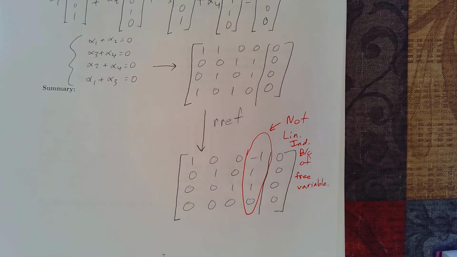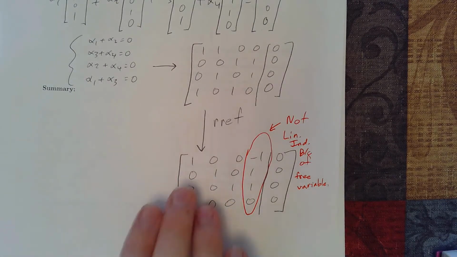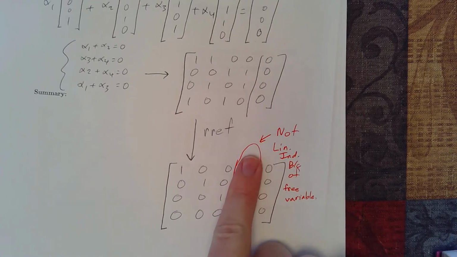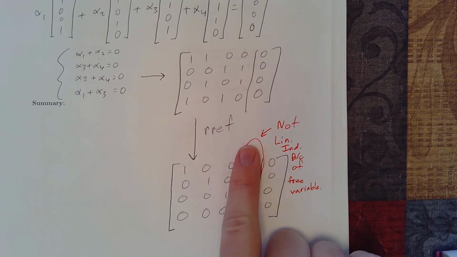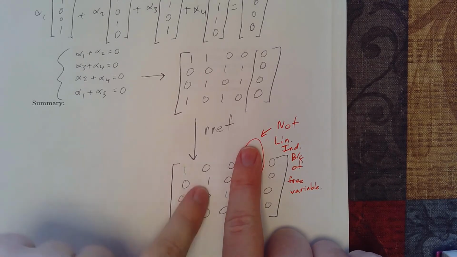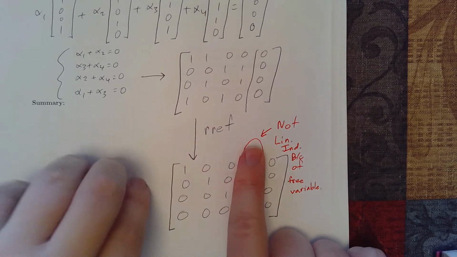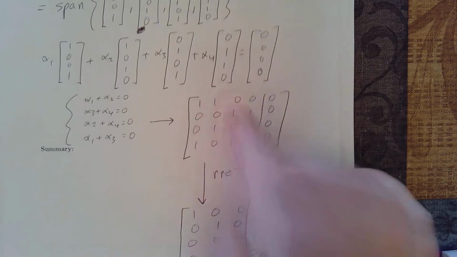So what does that mean? It means that if we just use the first 3 and we got rid of this one, we would only have one solution, which would be that our coefficients are 0. And what that means is that that first set of 3 vectors is linearly independent. So we won't even use this last one.